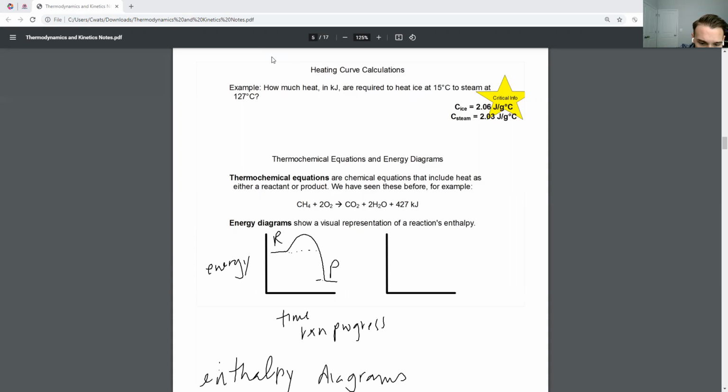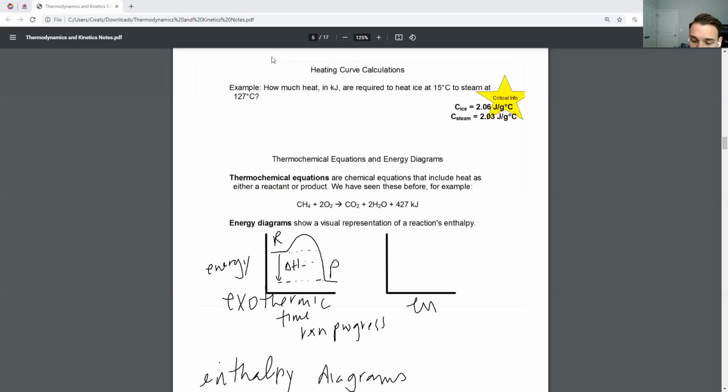You can see from where the reactants are to where the products are, my delta H, my enthalpy is negative because I start higher and I go lower with my energy. This is exothermic. That's what an exothermic reaction looks like in an energy diagram. Reactants are higher, I lose that energy, my products are lower.